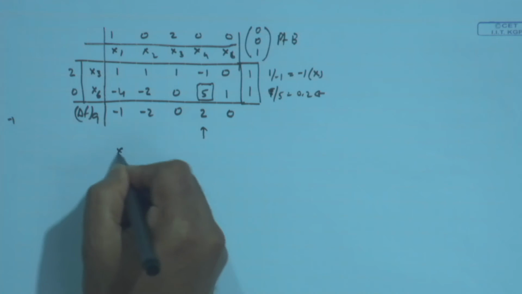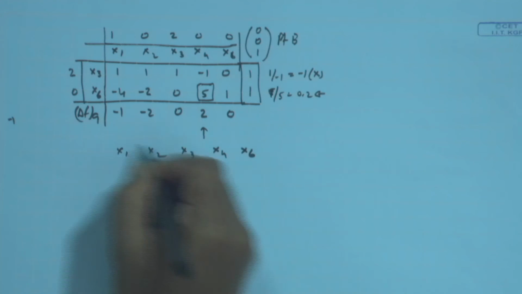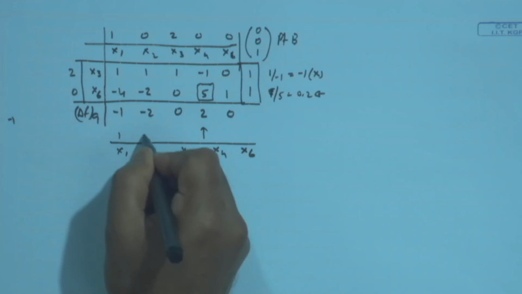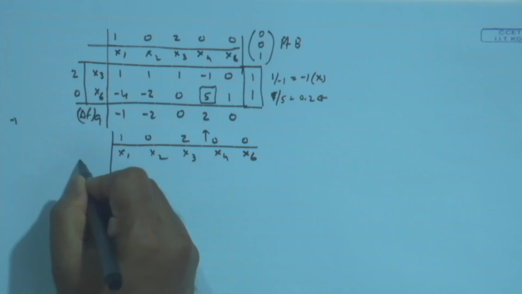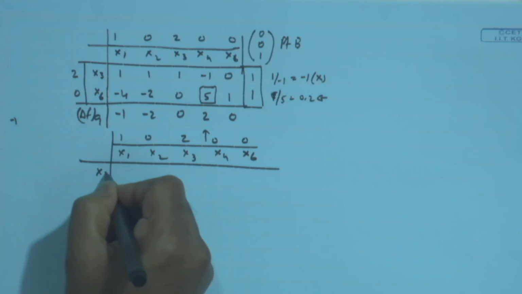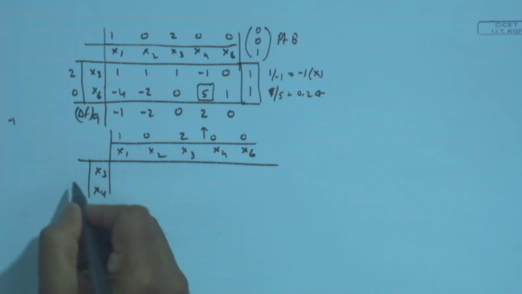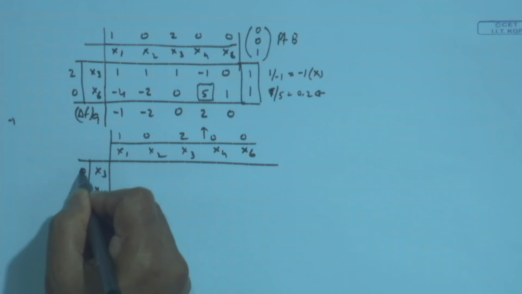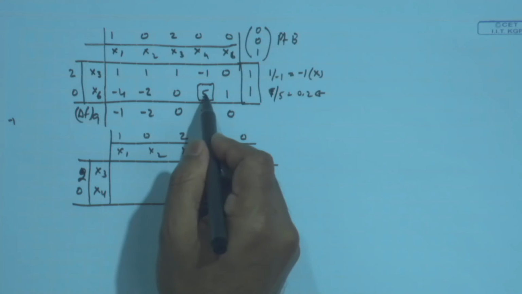So again write x1, x2, x3, x4, x6. 1, 0, 2, 0, 0. x3 remains as x3. x6 will be replaced by x4. Here the x3 coefficient is 2. This is 0. Now I have to make 5 into 1.